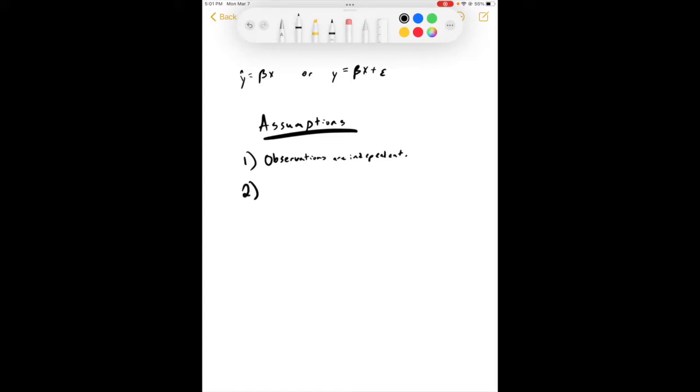Assumption number two is that observations are homoscedastic, which I hope I am spelling right. What this means is that any group or subgroup of observations will have the same variance.